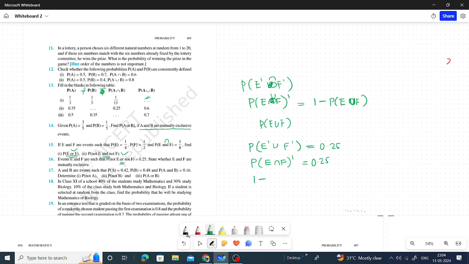What is it? 1 minus probability of E intersection F is equal to 0.25. So probability of E intersection F is 1 minus 0.25, equal to 0.75.